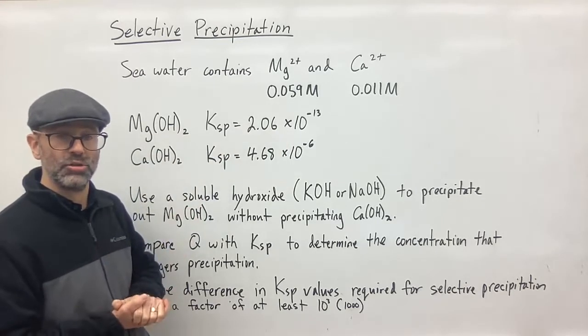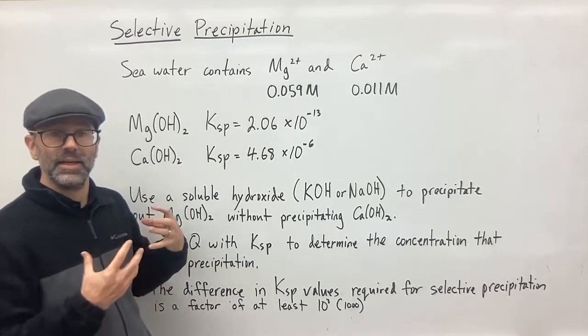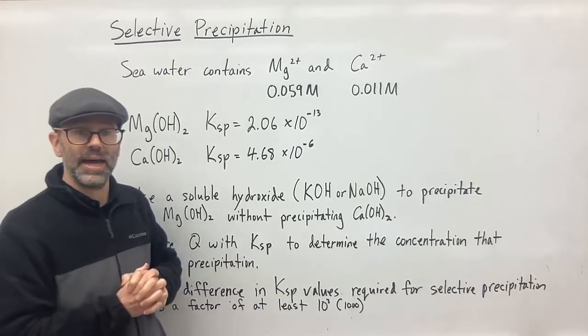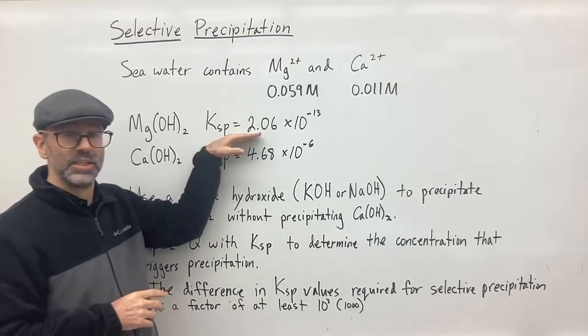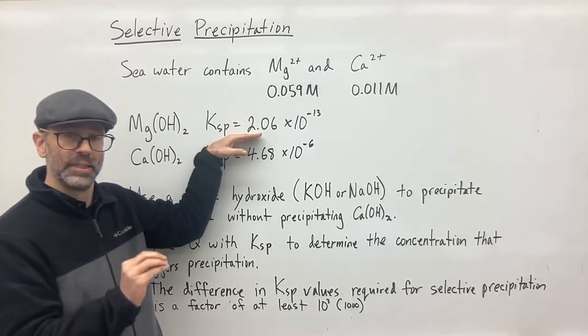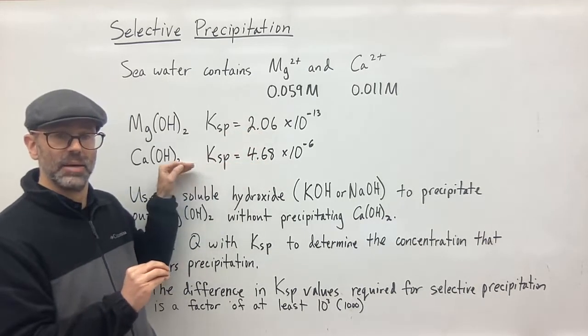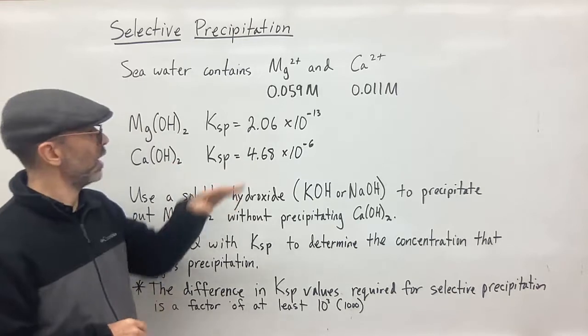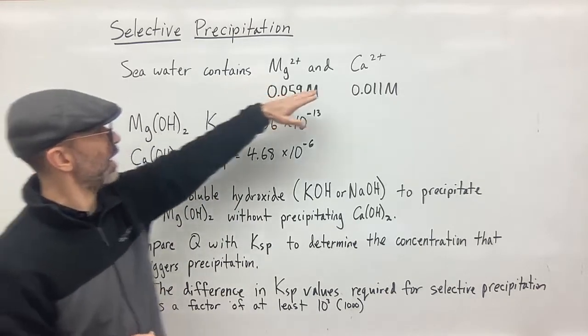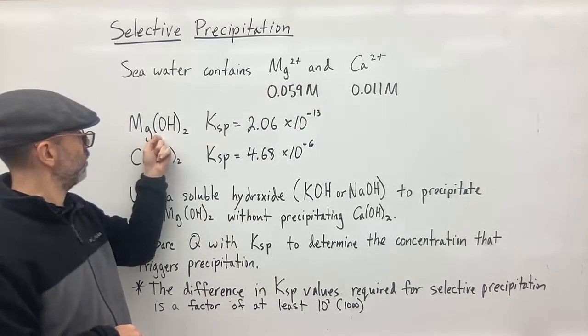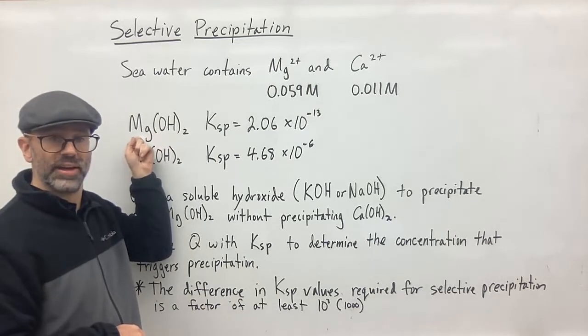So what we could do is find some sort of ion that will precipitate out this one at a low concentration and therefore leave this ion behind, right? So we want to get rid of magnesium or calcium, so magnesium doesn't take a whole lot.